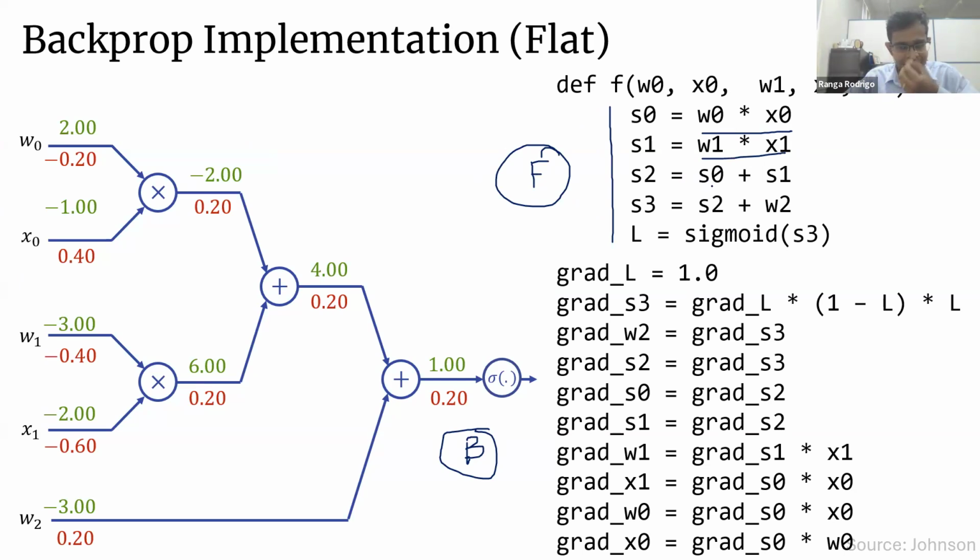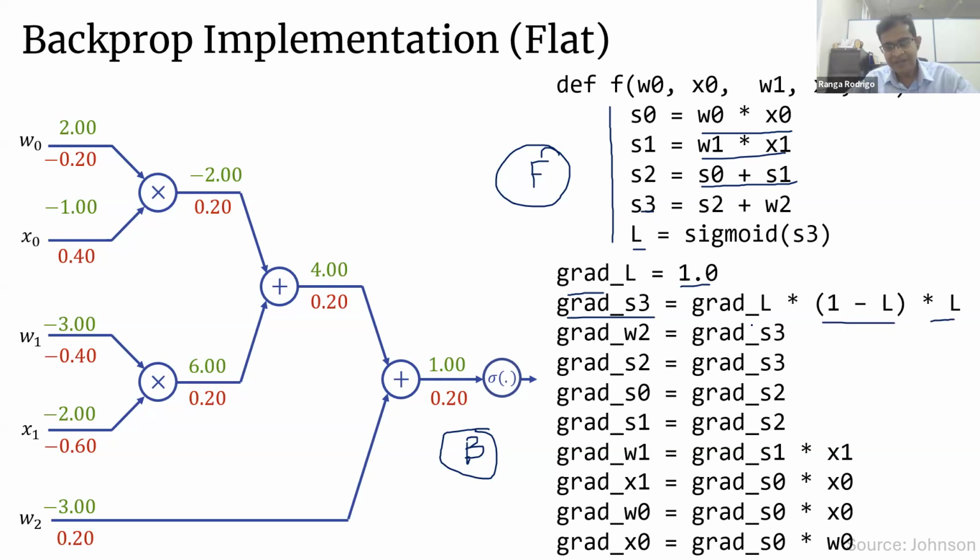And then S0 plus S1 is this one, and so on. You can get finally L, right? This is the previous computation graph. So the gradient of L we consider as 1, and then gradient of S3. S3 is the sigmoid. Sigmoid means 1 minus L times L.